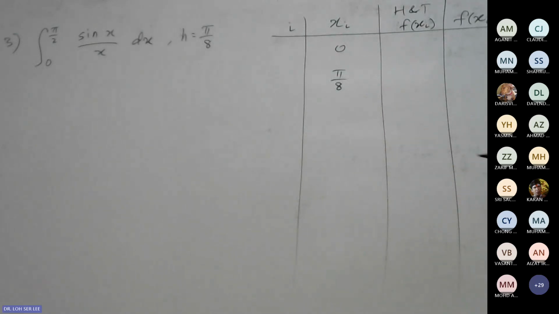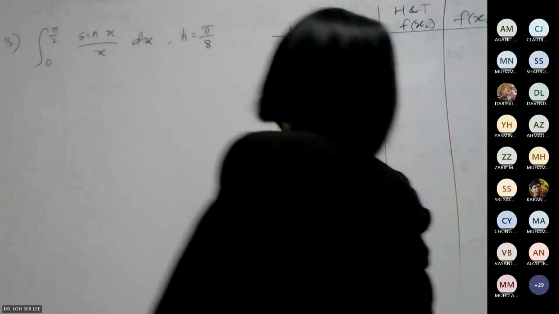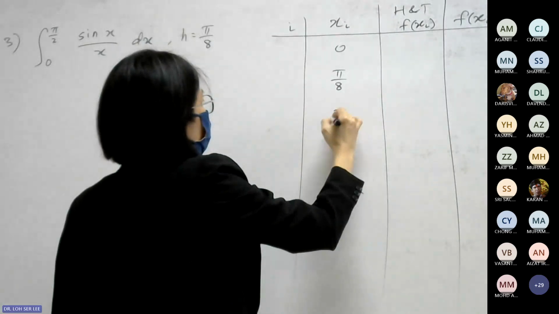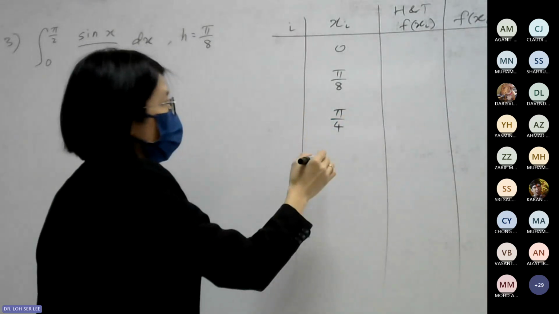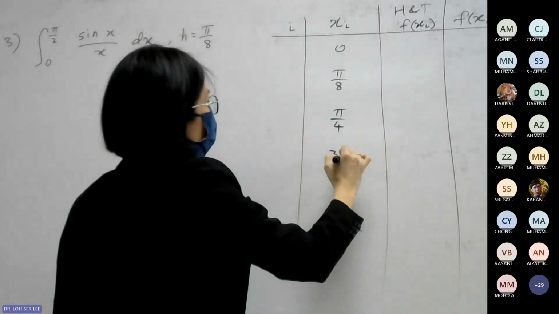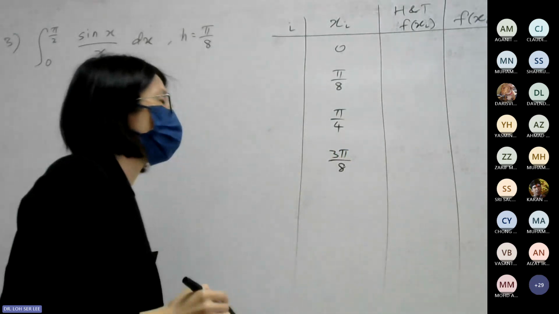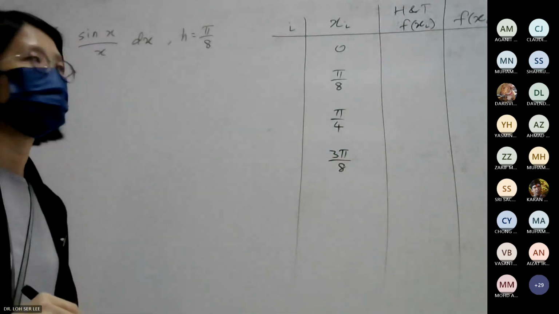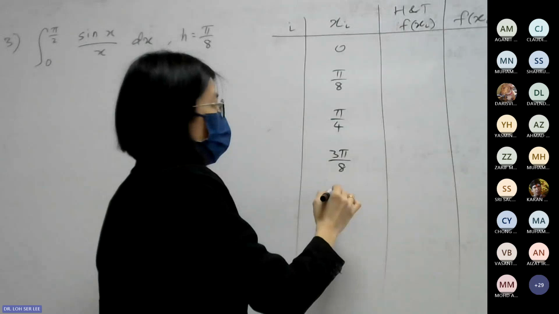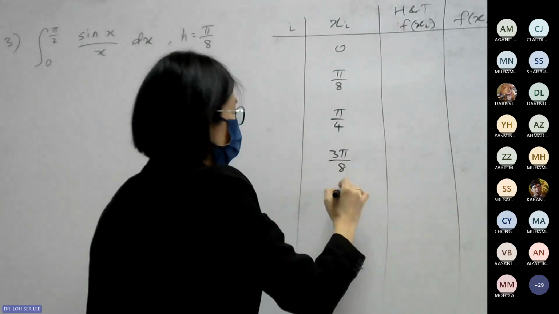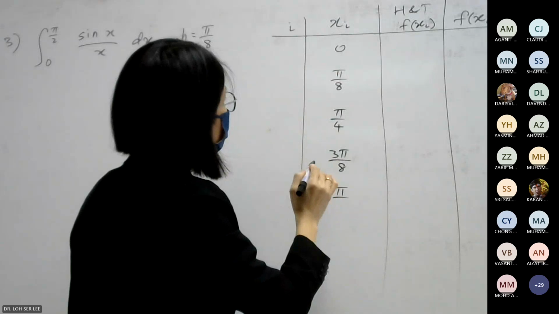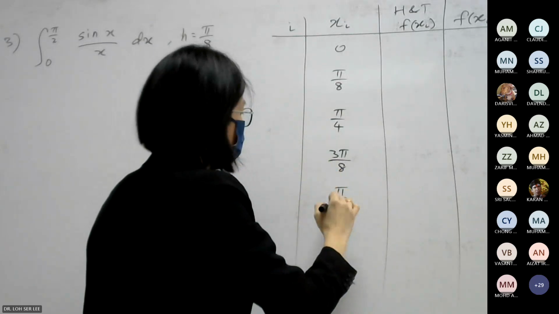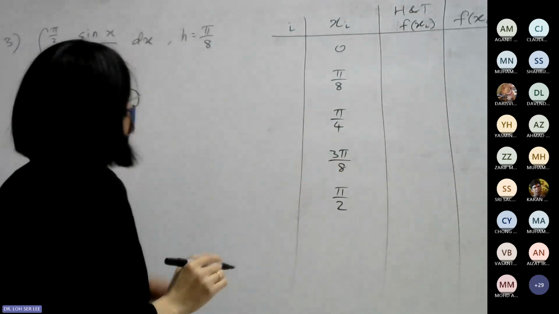Pi over 8 plus pi over 8 is pi over 4, and then plus again pi over 8 is 3 pi over 8, and then pi over 2. Oh, we have only this view.